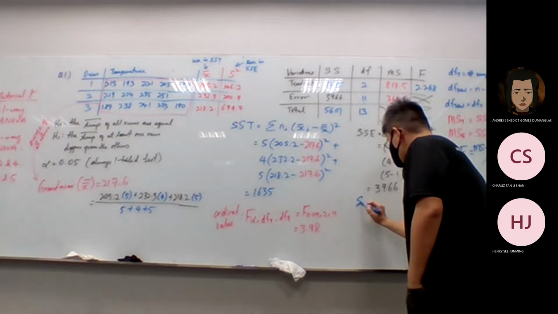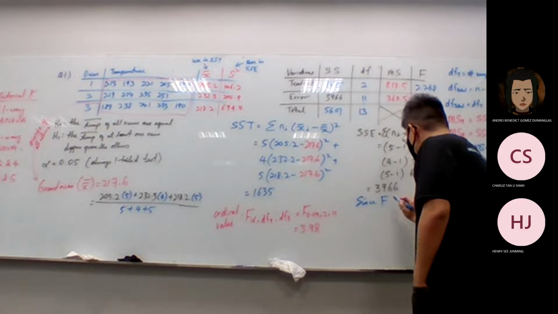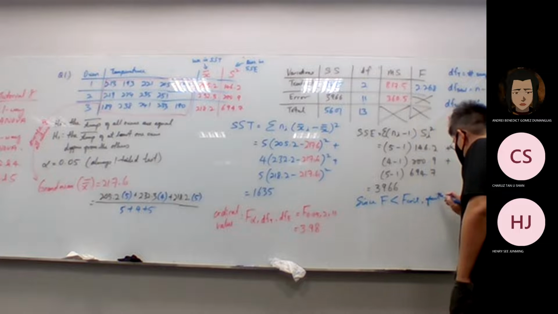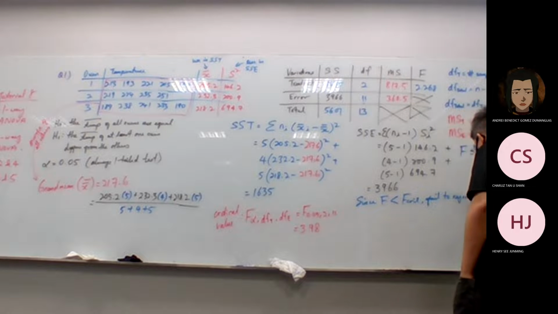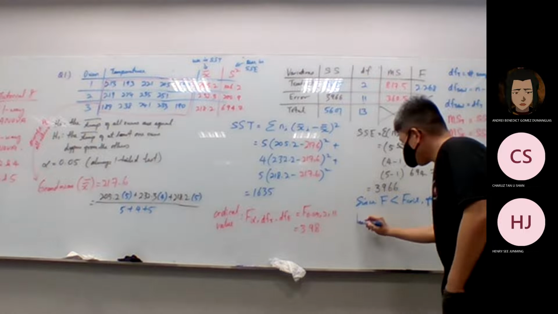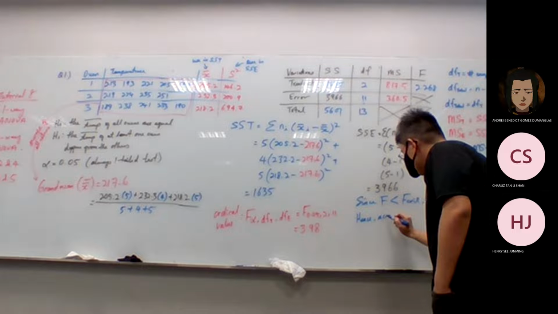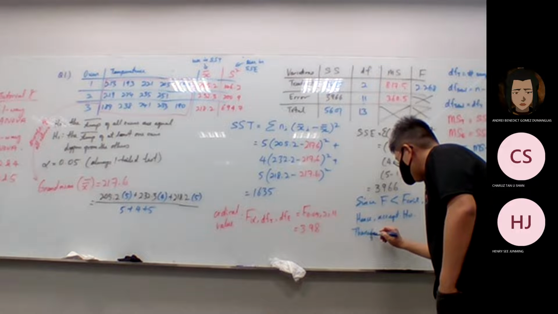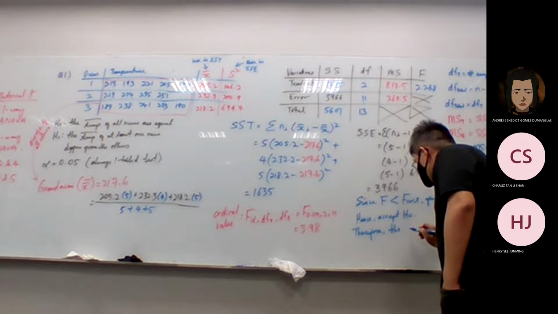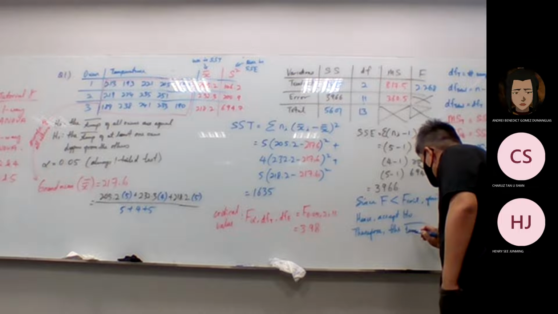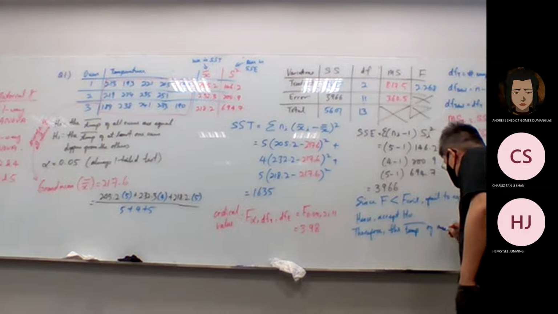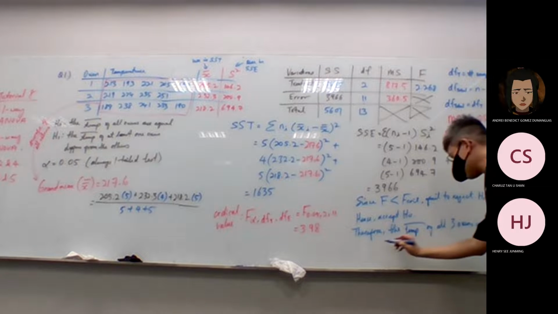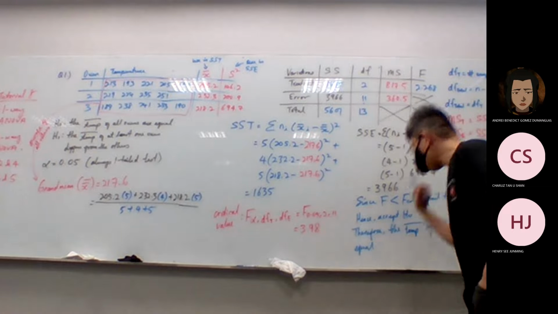So you say, since your F statistic is actually less than your F critical value, you fail to reject your null hypothesis. Okay, that's it.